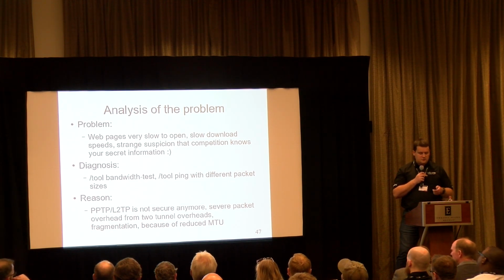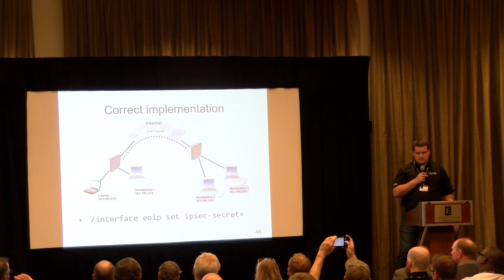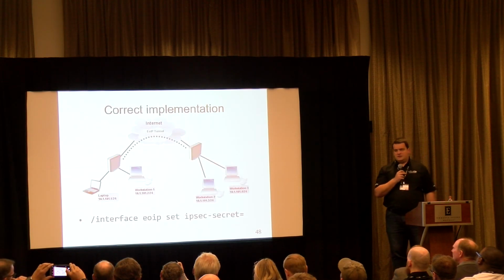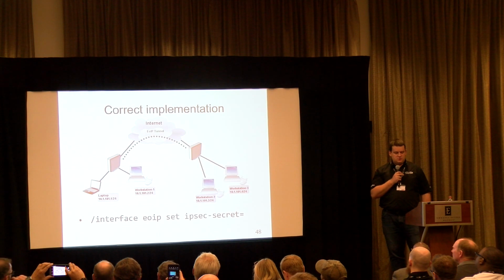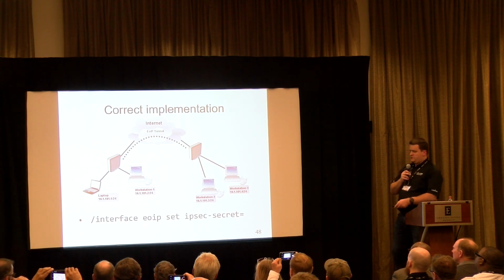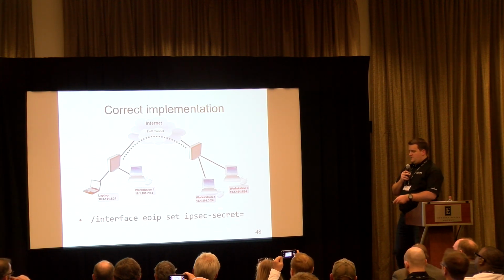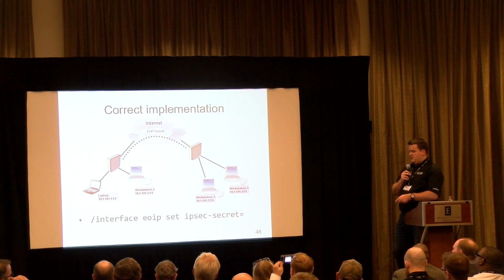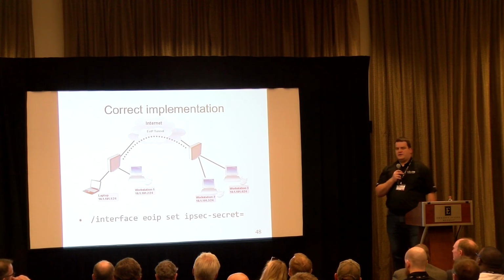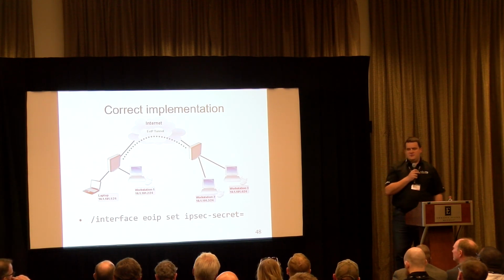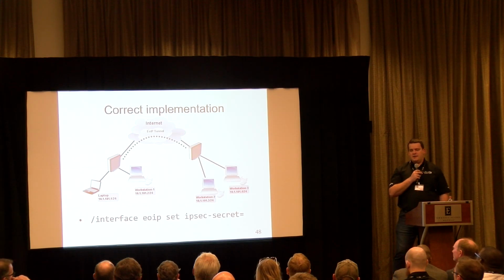So the modern way to do it is to simply run an Ethernet over IP tunnel between the two and specify this one small option over here, IPsec secret. If you specify a secret, MikroTik will automatically generate an IPsec policy for you, and your Ethernet over IP tunnel will be encrypted with IPsec encryption. Just like that.